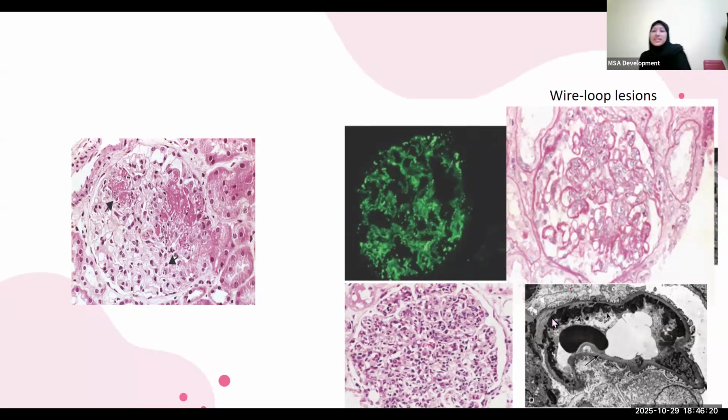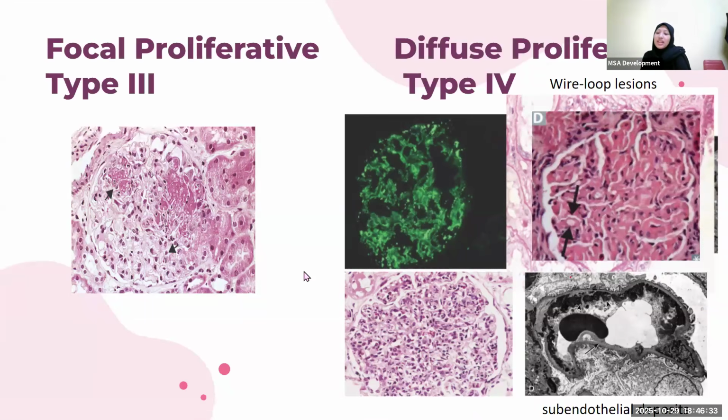Any immune complex disease will have deposits. This time, however, it is in the subendothelial space. These deposits for SLE are coming from the blood, right? They will deposit on the endothelial or the capillary side. So again, like we mentioned, subendothelial deposits here in the capillaries and the wire loop lesion, full house, right?